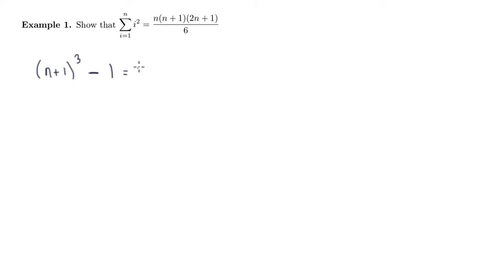This is certainly the same thing as n plus 1 cubed plus n cubed minus n cubed. So this is just 0, right? I'm just adding 0. Of course, this is a very useful trick in mathematics to add 0 creatively.